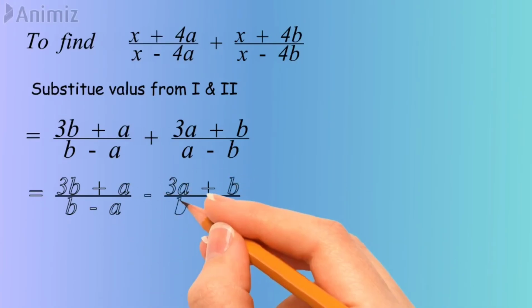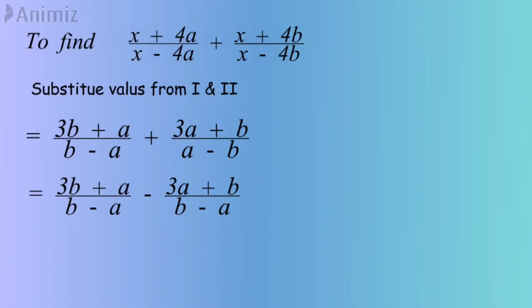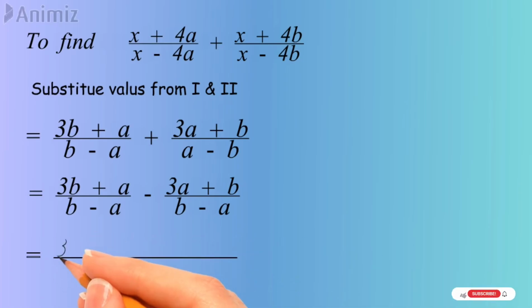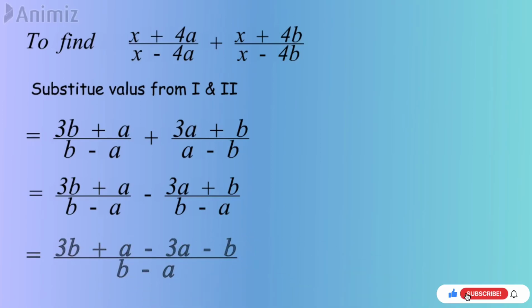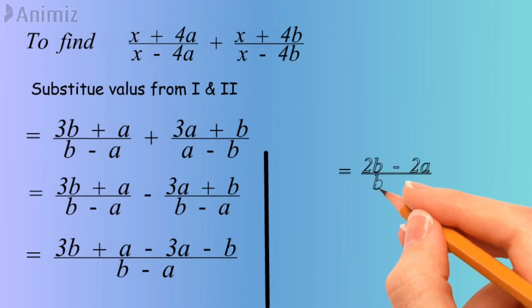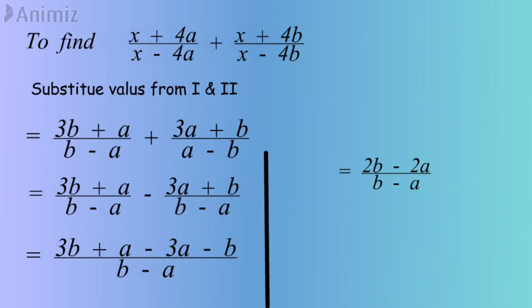Now the denominator is the same. When you simplify both the terms, your numerator will be 3b plus a minus 3a minus b. That plus b will get changed to minus b because the in-between sign is minus. Now, when you simplify this further, you will get 2b minus 2a upon b minus a.